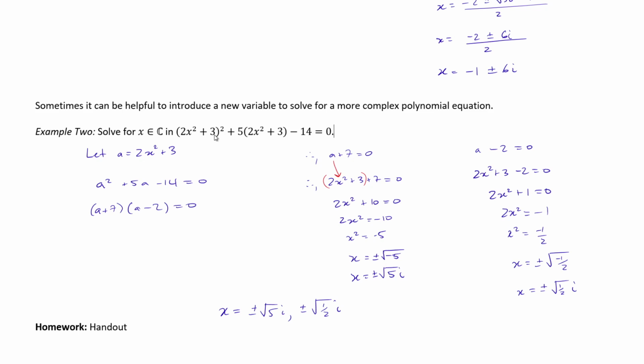This is 2x squared plus 3, then squared, which means if I expanded this and simplified, this was going to be degree 4. And if it's degree 4, that means it should have 4 distinct roots. And we see that that's what we come up with: 4 distinct, but complex, roots.